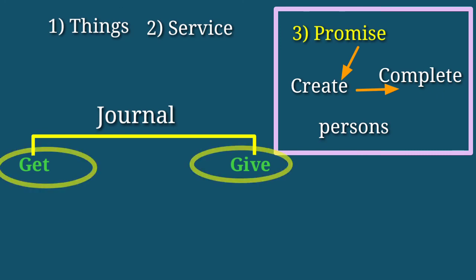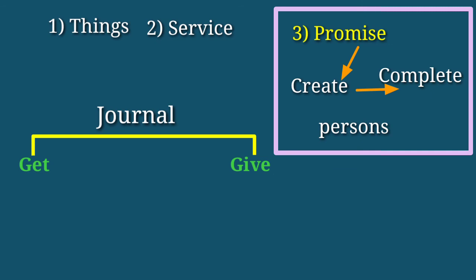If any delay is there, the promise will come. So if it is a promise, first we should create the promise. After that we need to fulfill it. And a promise may be given or received. We can give a promise or they can give a promise to us also. Okay. And the last situation is also there.